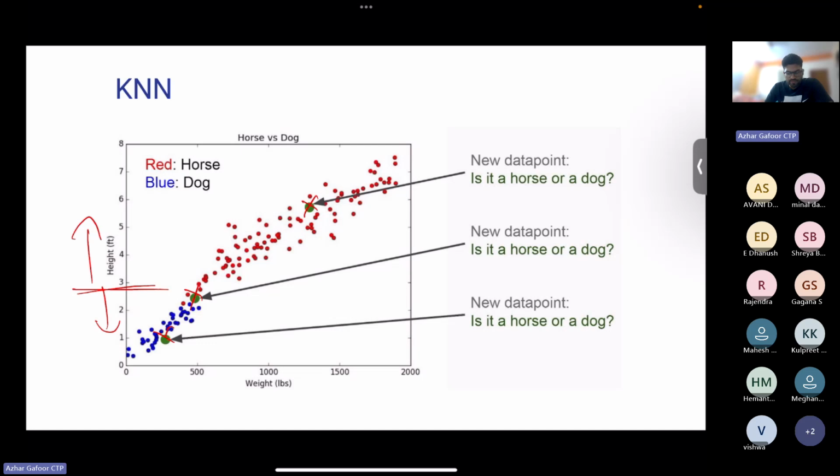If a new data point comes and our model is already trained, we will have some representation of how the data are distributed in the feature space. So easily we can classify this as a horse or this one as a dog. And this point, how will we classify that? We'll see how it will be done in the later slides.